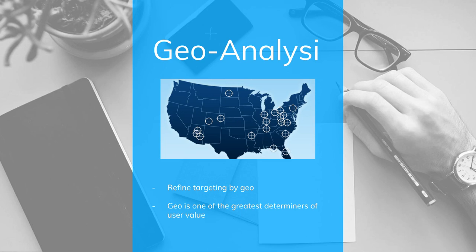So the first one, Geo Analysis, is really important because the country is one of the greatest determiners of user value. And with machine learning, you can further refine the targeting by geo. And machine learning really comes into a factor because there's close to 200 countries in the world.